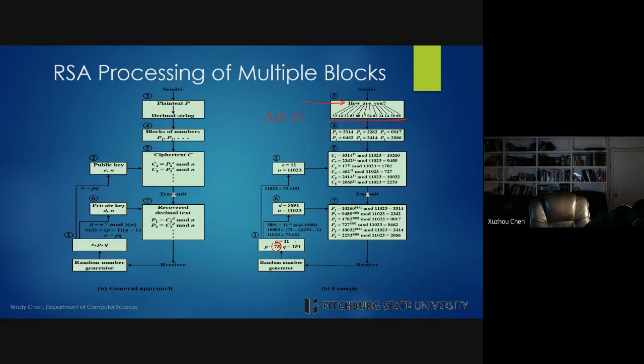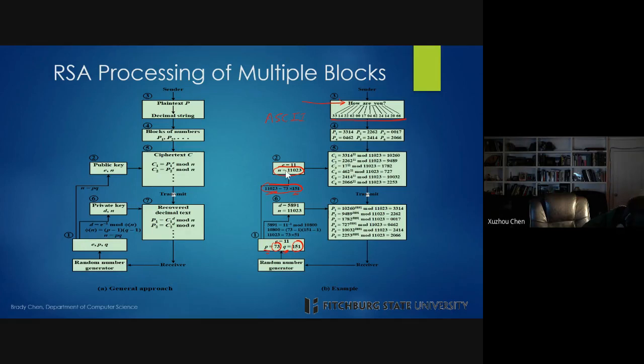The other prime number, Q, is 151. Okay. So now, what is N? N is P times Q, right? So this is N. Once you find a P and a Q, you multiply P and Q, and then you find N.